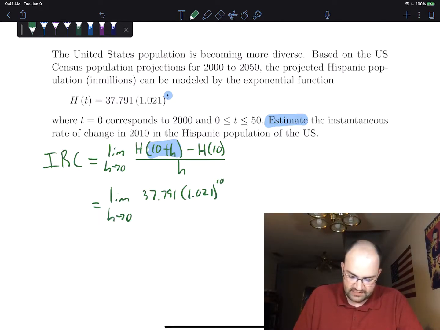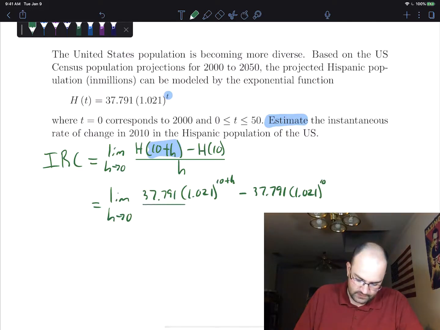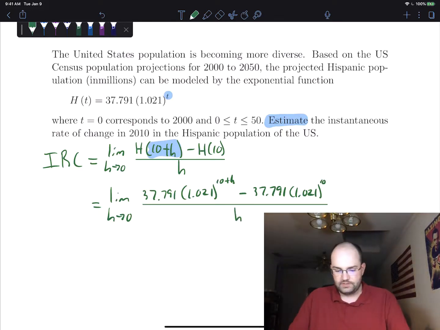Sorry, not 10th power, 10 plus h power. Yes, that's very important. And then minus H of 10, which is 37.791 times 1.021 to the 10th power, and then all over h.